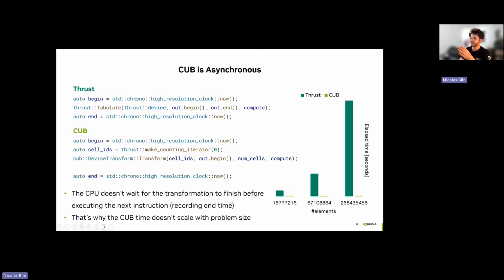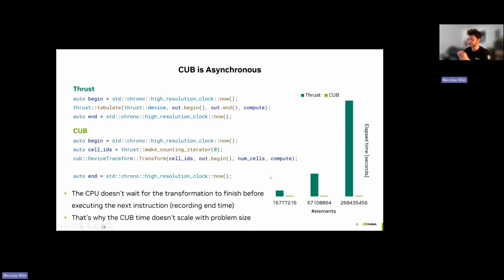Here we have an example with thrust where we compute the begin and end time around the call to thrust tabulate. We compute the begin and end time on the CPU. And we can see that, depending on the number of elements, the more elements we have, the more time it takes for the CPU, because the CPU needs to wait for the GPU to be done.